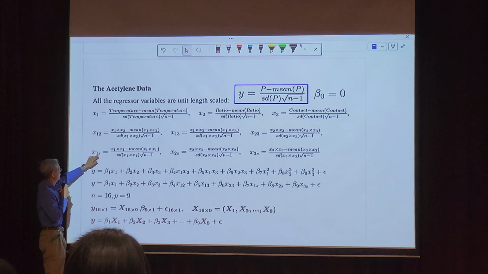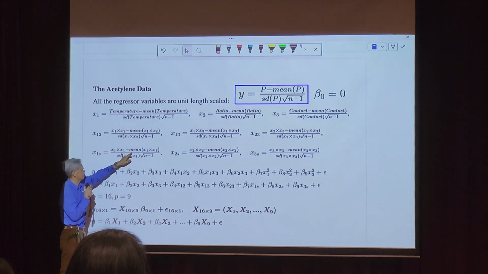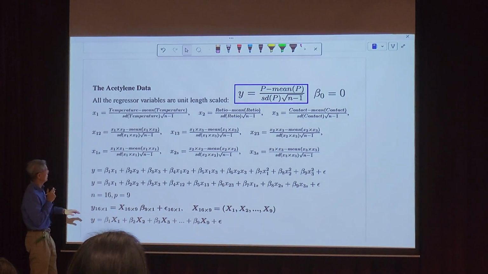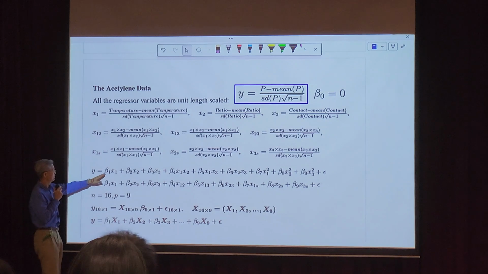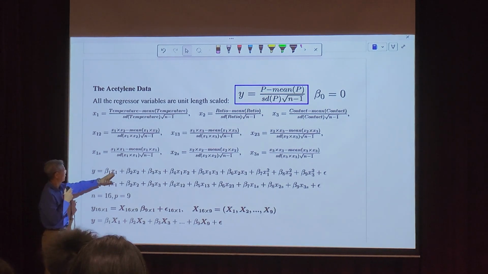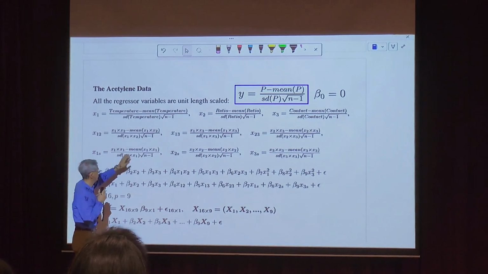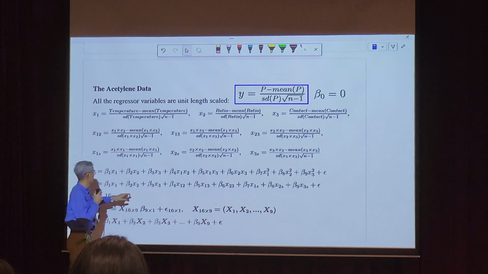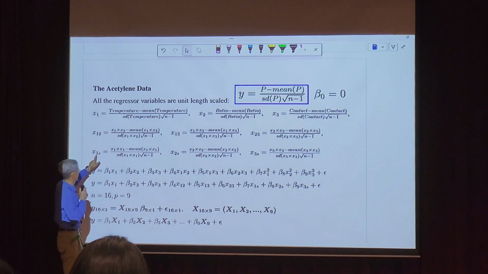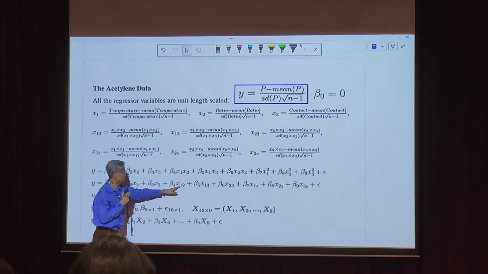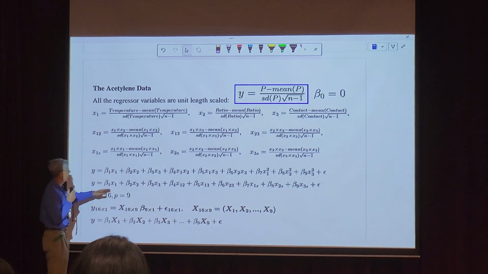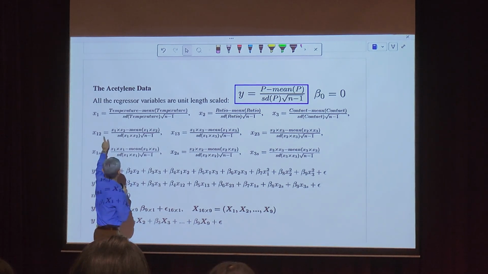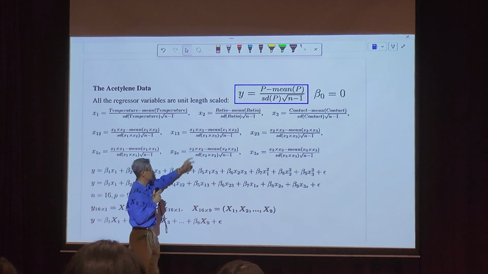Then x1 squared, and I also scale it to unit length. So my model now is based on beta 1 x1, beta 2 x2. All these are unit length scaled. So this is the model finally that I got: x1, x2, x3. x12 is this. x13 is this.